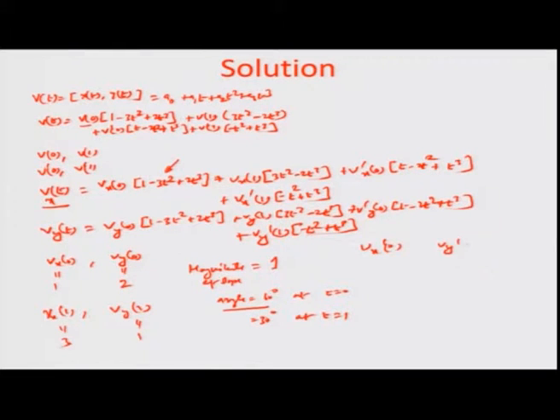That means v dash x 0 and v dash y 0, and similarly v dash x 1 and v dash y 1 as the values 1 cos of 60 degrees and 1 cos of 30 degrees, and similarly 1 sin of 60 degrees and 1 sin of 30 degrees.